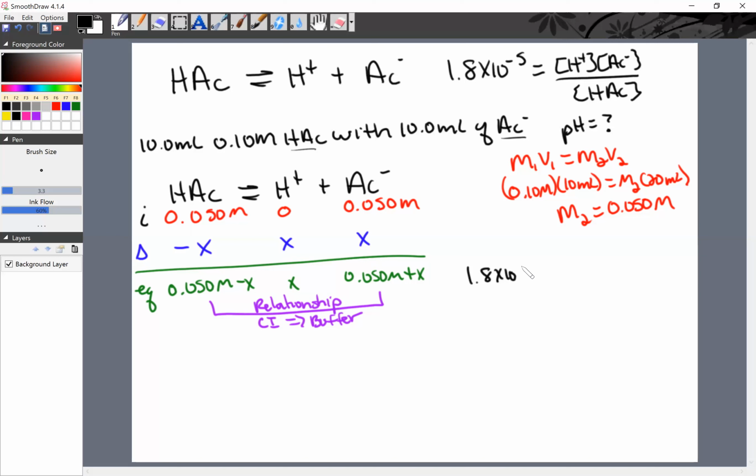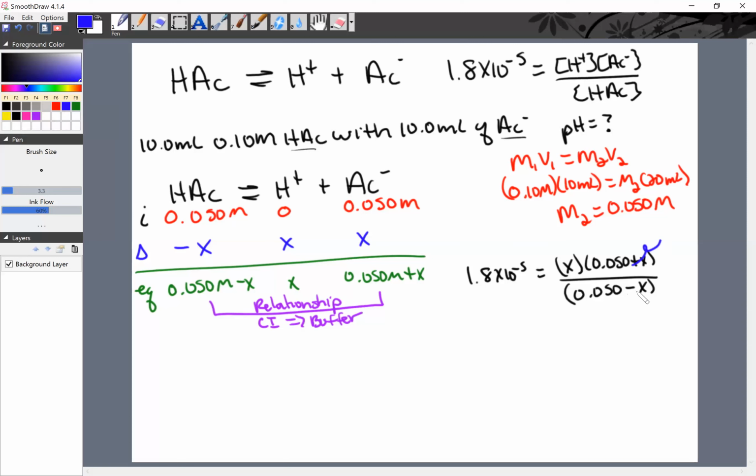1.8 times 10 to the minus fifth is equal to x times 0.05, and this one is a plus x on top, and it's 0.050 minus x on the bottom. Is this a weak acid combination?